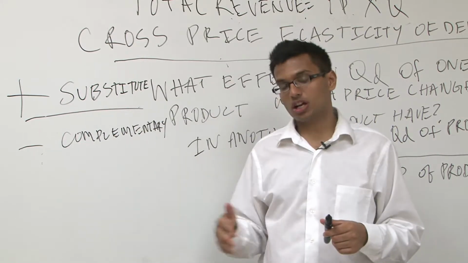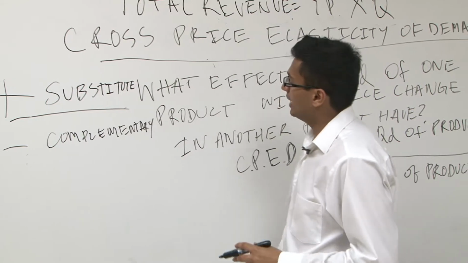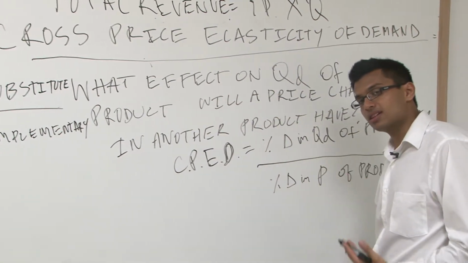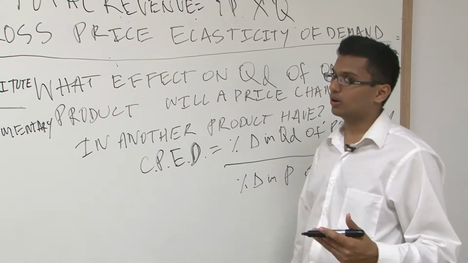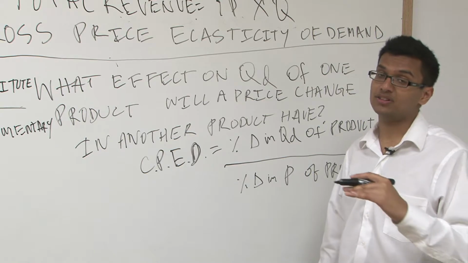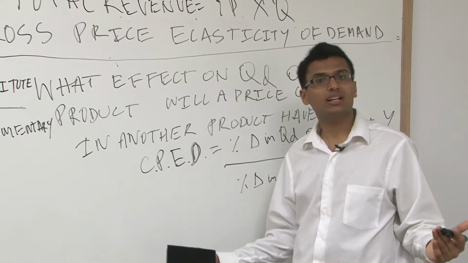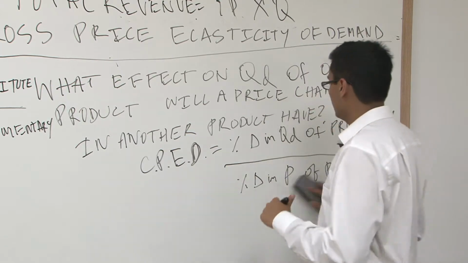The next concept we're going to talk about is the income elasticity of demand. You know how cross-price elasticity of demand discusses what happens if my competitor or another product changes the price and how that's going to affect my product? Well, income elasticity of demand talks about what happens if someone's income changes. How does that affect the way that someone demands my product? A lot of that is intuitive.